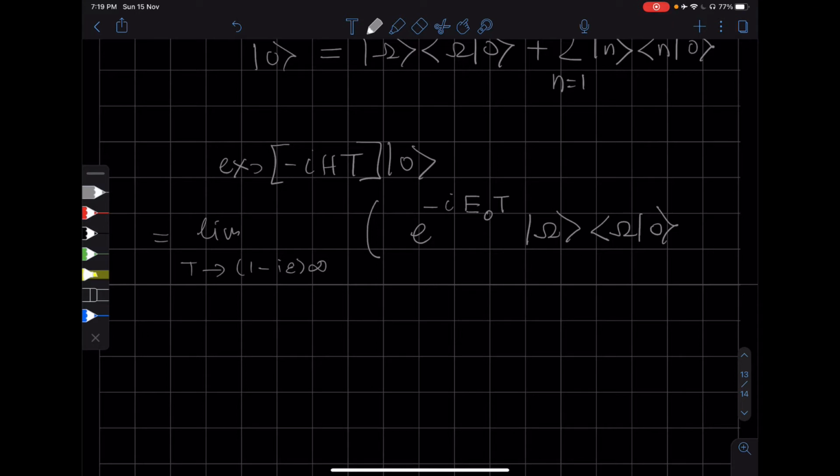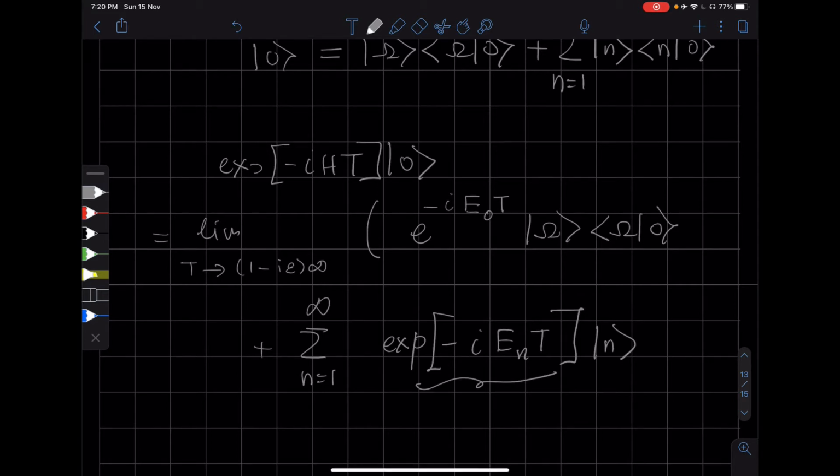And then we also get all the other terms where n goes from 1 to infinity. And here we will have some exponential of minus i E_n T acting on, well, it's a number, times |n><n|0>.